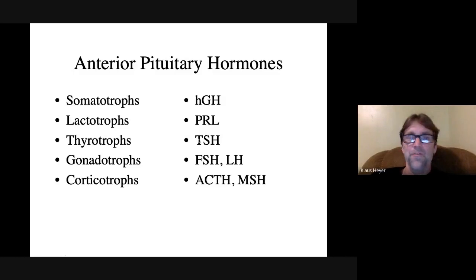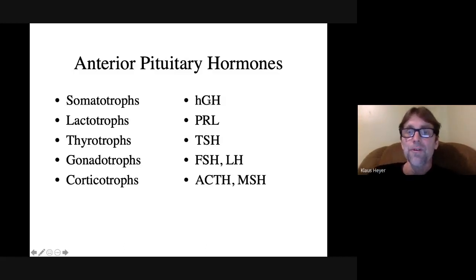Thyrotropin, or thyroid stimulating hormone. So guess where the target cells are? The thyroid gland. These two, you know where they're going. The clue is right here, gonads. They're going down to your gonads, your testes or ovaries.